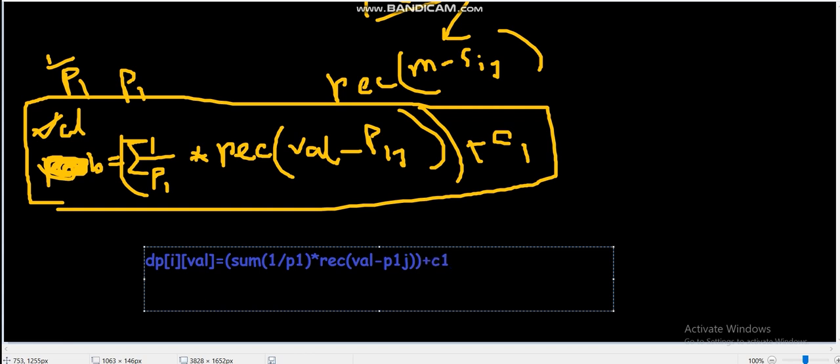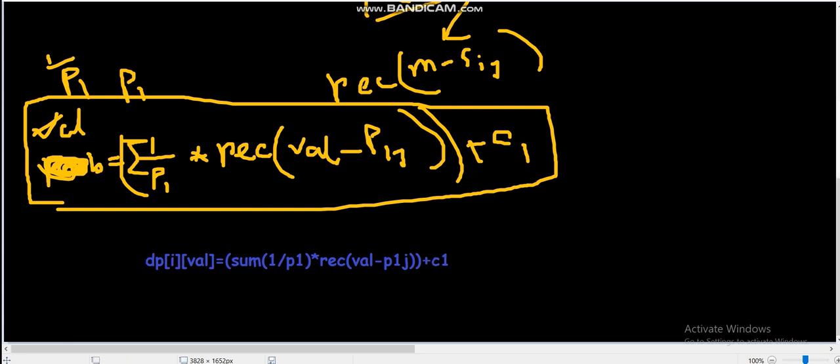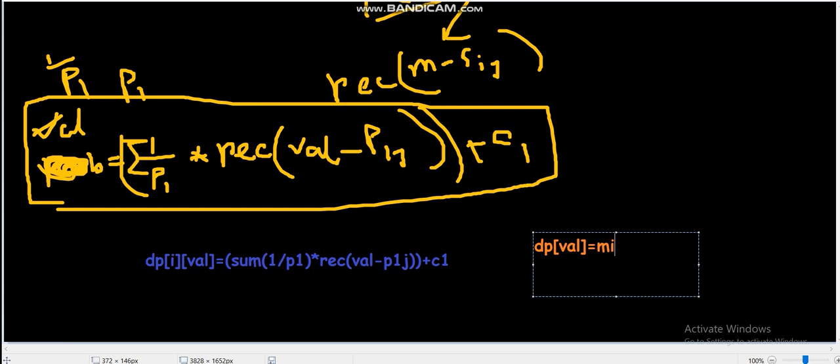This is the value of dp(val, i). Now what will be the value of dp(val)? It will be the minimum of the dp(val, i) values.